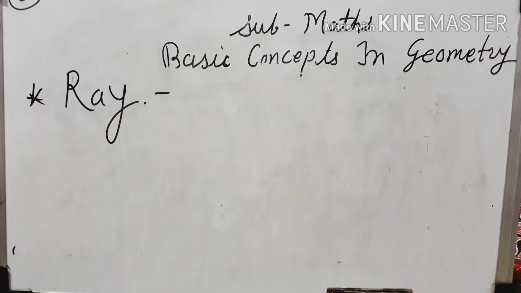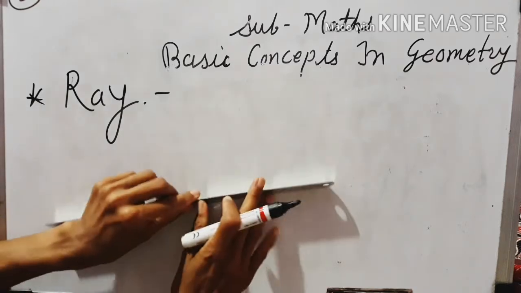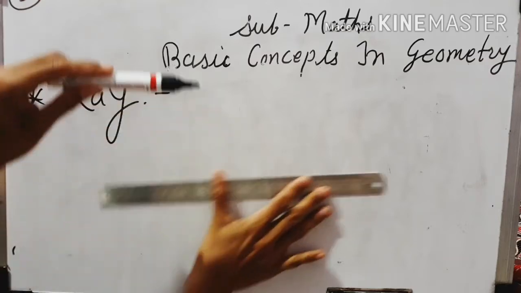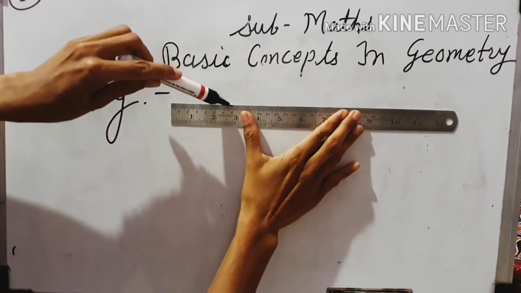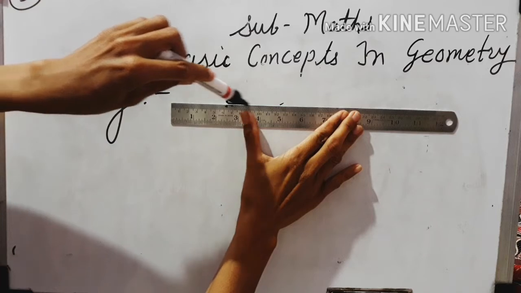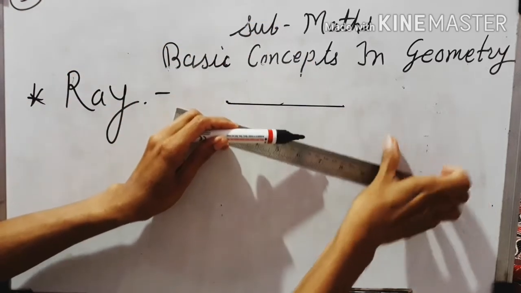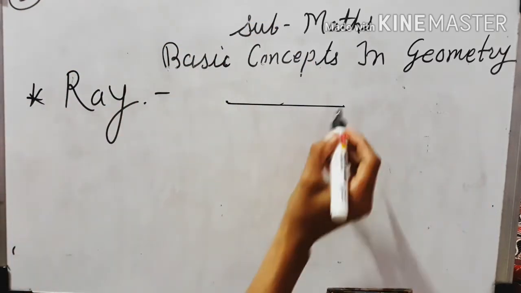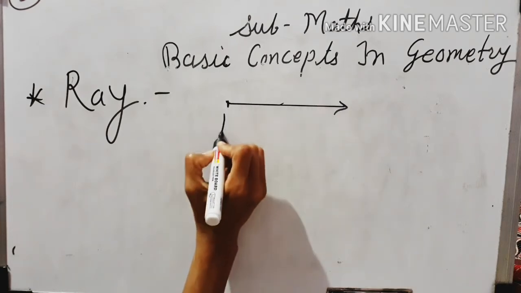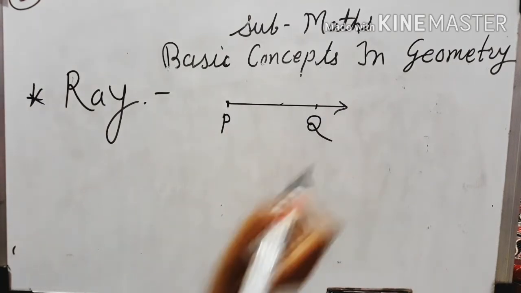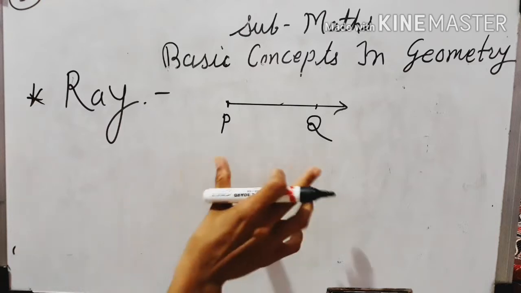So what is meant by a ray? Here I will draw the figure of a ray. This is a ray. Here I can give the name PQ. So what is meant by a ray?